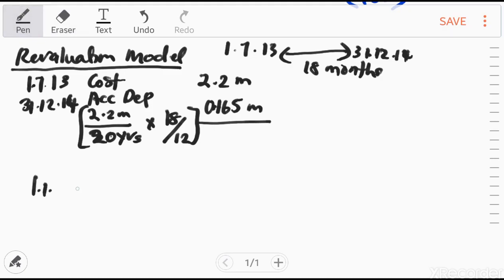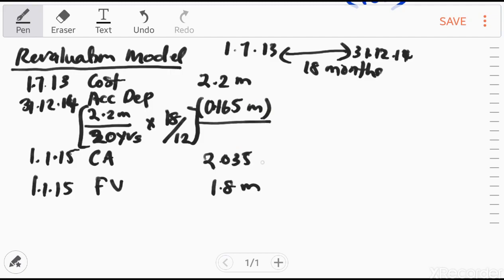I'm rewriting it again because there's no space just now. So on 1st of January 2015, your carrying amount would be 2.035 million or 2,035,000. So if you compare this, you will see that the surplus is not there.